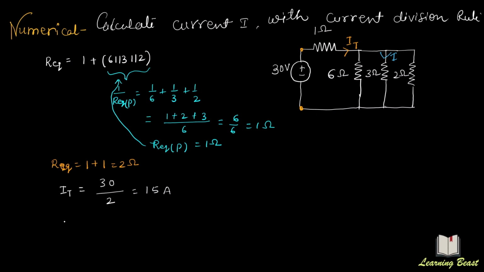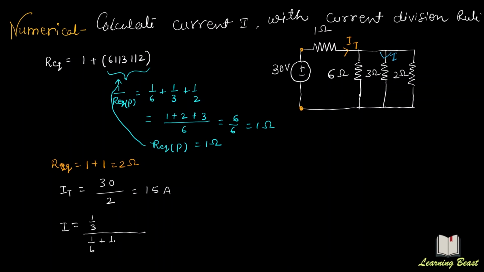Now we will calculate the value of I from the current division rule, that is equal to the conductance of the branch in which we have to calculate the current. So 1 by 3 divided by the conductance of all the branches which are in parallel with this resistor.